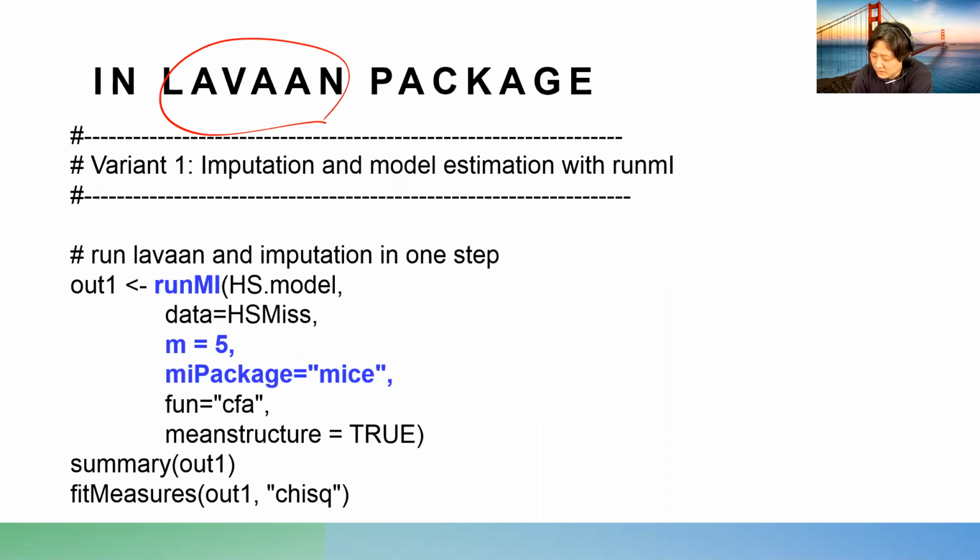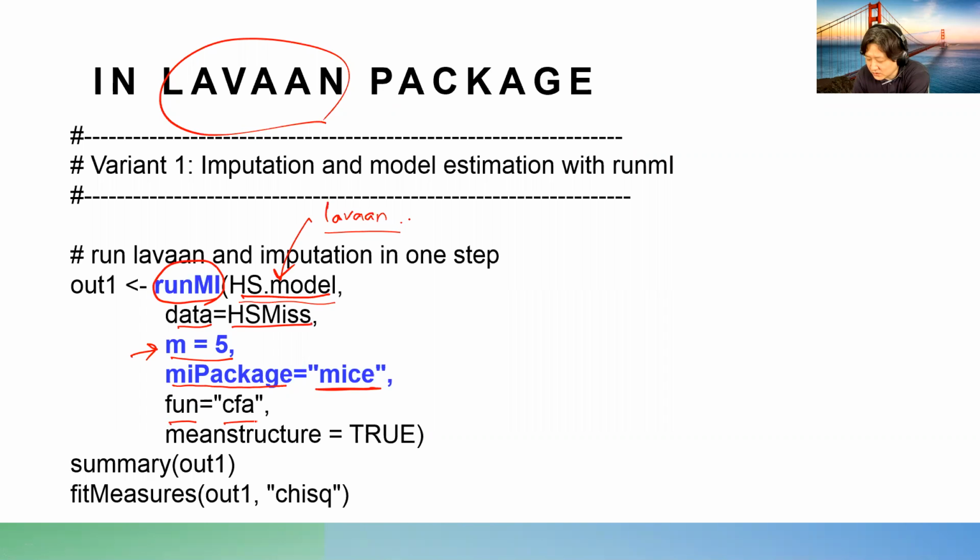So first, you can build a model through lavaan, right? Let's say this is the CFA model. And then run the runMI function. Specify your data set, the number of completed data sets, and then the mice package.